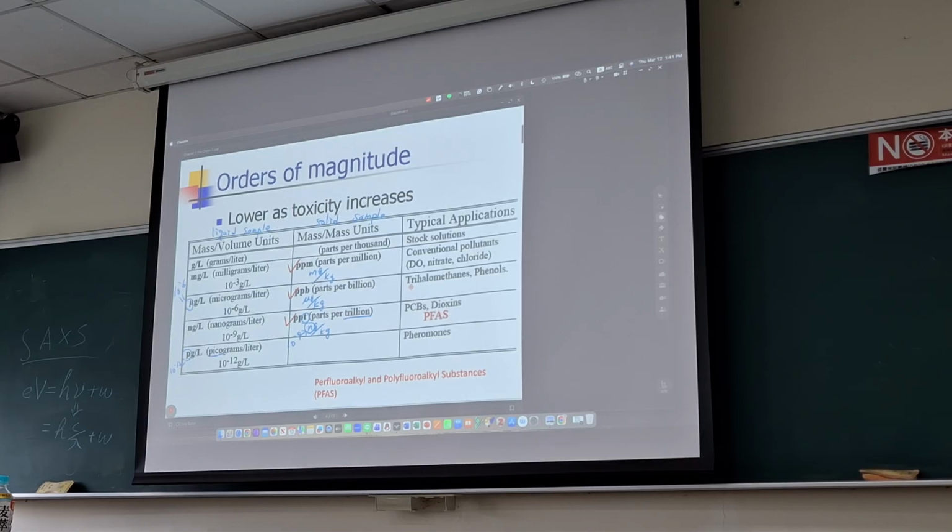Environmental engineering 2 will focus on the mass units, because in this course we are dealing with solid waste. Environmental engineering 1 is dealing with water, the liquid sample, so they are going to use mass over volume units. All right?